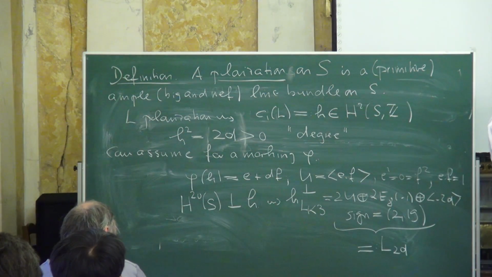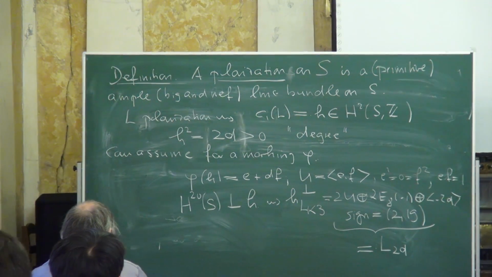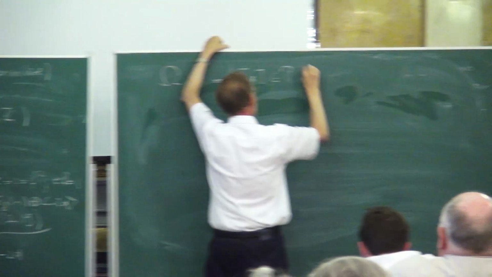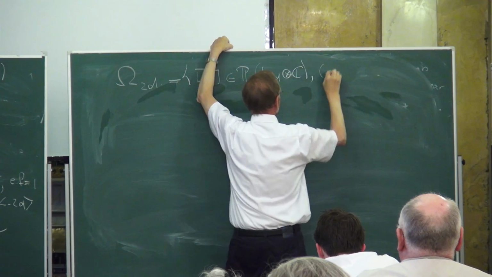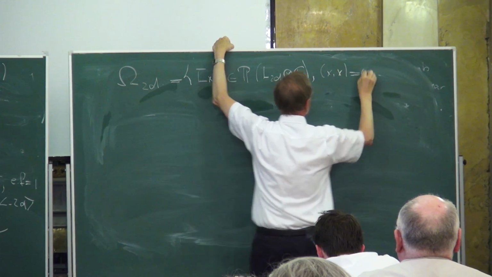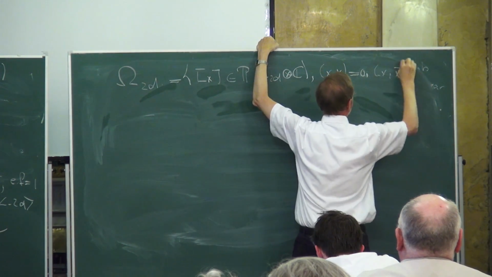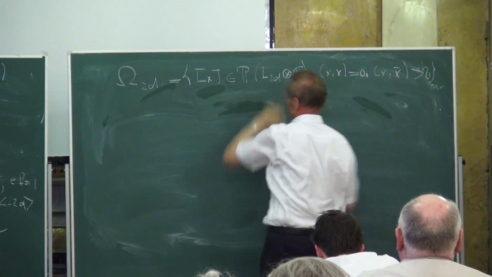And then I can look at Omega_2d. These are all points x in P(L_2d tensor C), with the same condition x·x = 0, x·x bar positive.